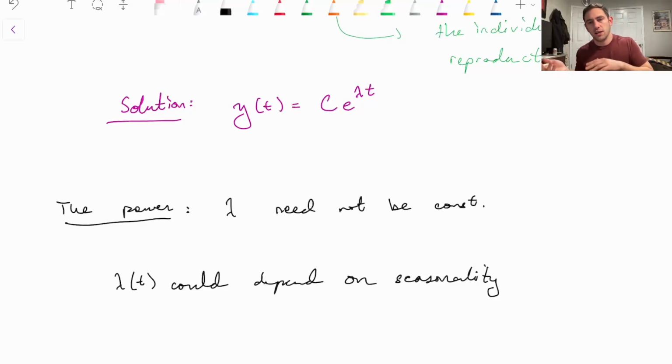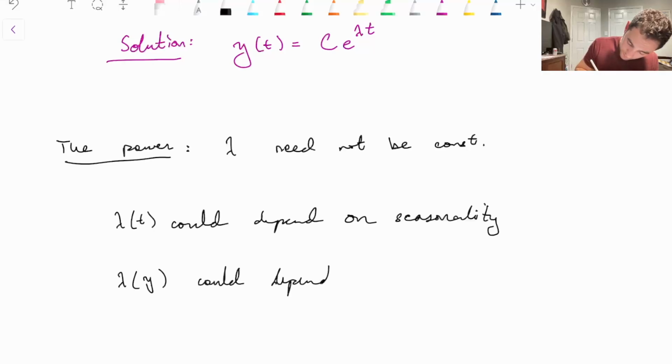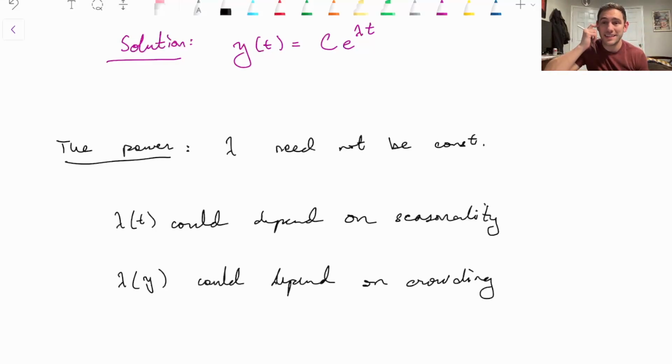For instance, there could be a mating season and an off season. I could imagine that lambda could depend on crowding. I maybe have an environment in which there's resource limitation, and individuals can reproduce less quickly the more crowding there is. So lambda could be a decreasing function of y.